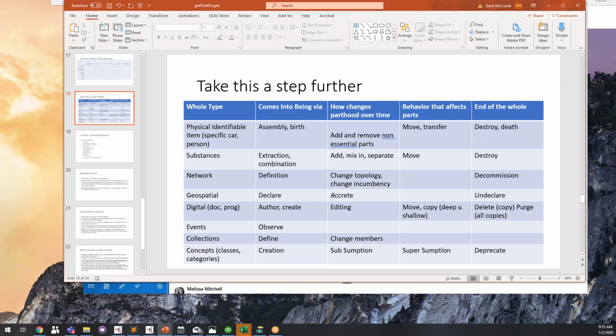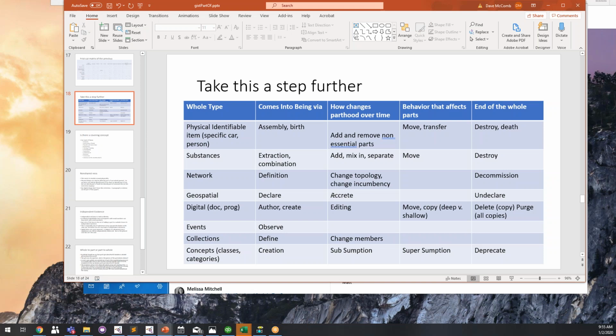The other one is almost destructive. There's a baking event that causes the loaf of bread to be there, and then there's a slicing event that actually causes the parts. But the parts don't exist until that slicing event happens. So I still might argue there's some event that causes the part-whole relationship to exist.